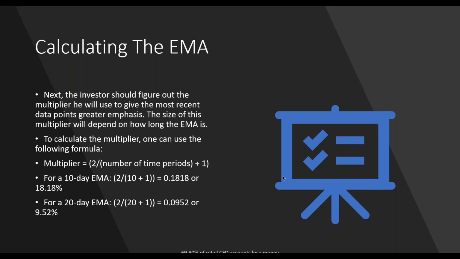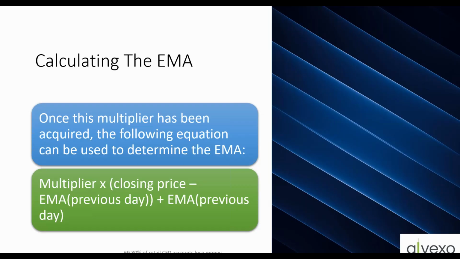So the multiplier would be 2 divided by the number of time periods plus 1. So with my 10 period ratio, we would take 2 divided by 10 plus 1, and that gives us 0.18. That's the multiplier we apply at the end to give more weight to the most current prices. It's not a big difference, but it gives some weight.